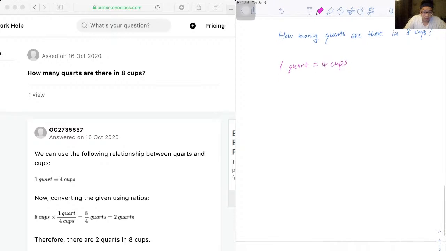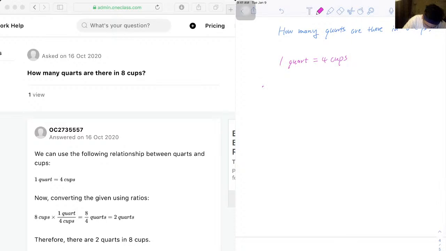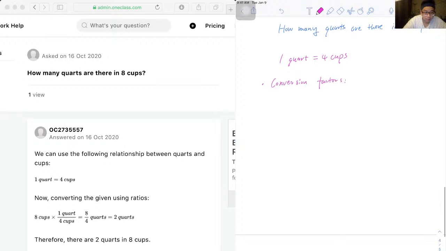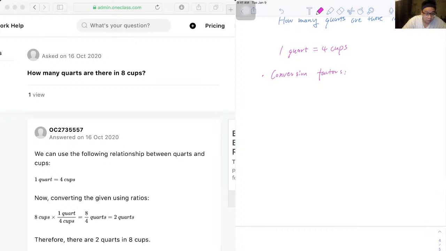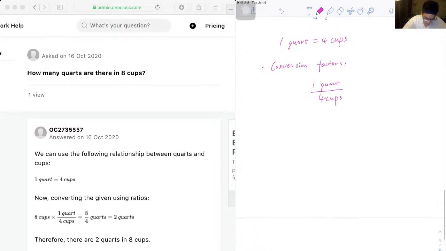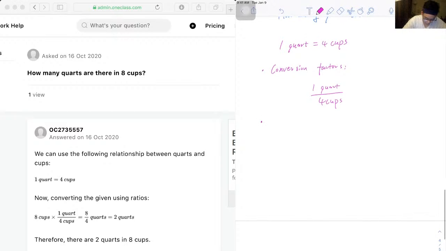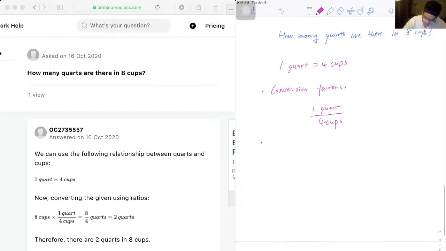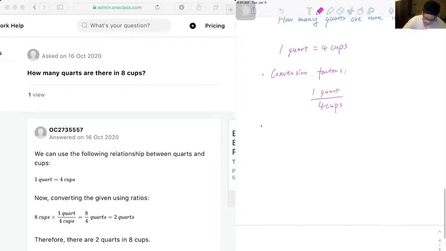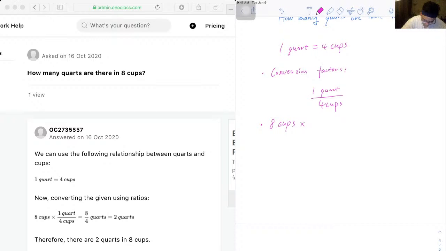And now thinking about the conversion factor, conversion factors, which is just 1 quant over 4 cups, right? And then we just need to do our calculation. So we have A cups from the question. So A cups times the conversion factor. So 1/4.